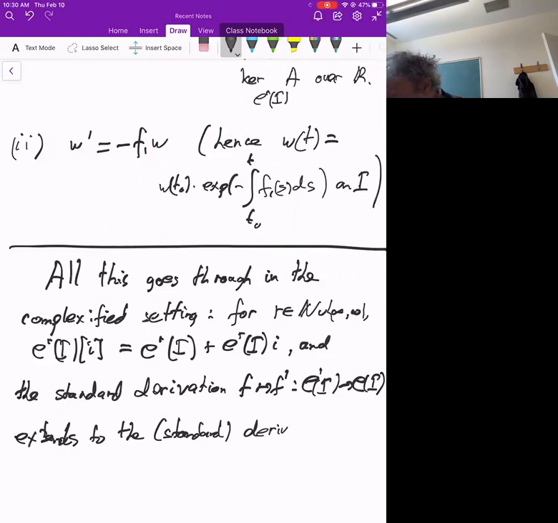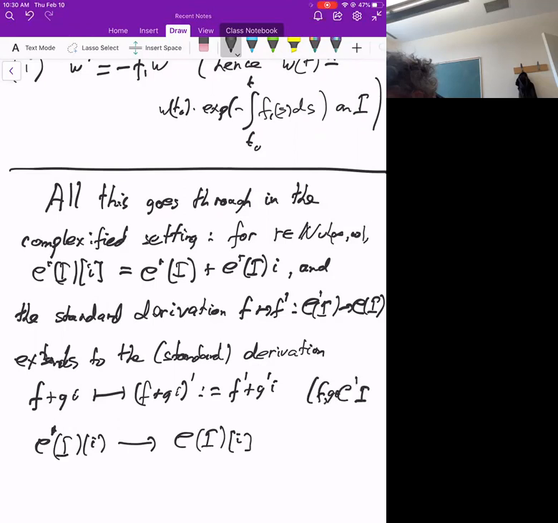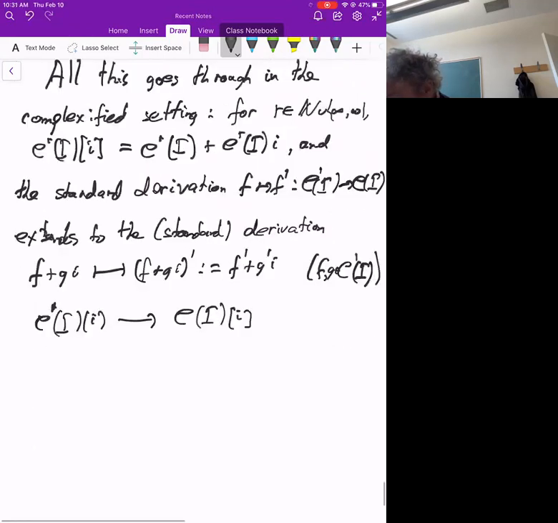And of course this derivation, for r greater than or equal to 1, maps C^r(I) to C^(r-1)(I). It extends to the standard derivation f plus gi goes to (f plus gi) prime, which we simply define this way, from C^r(I) to C^(r-1)(I). Okay, good.